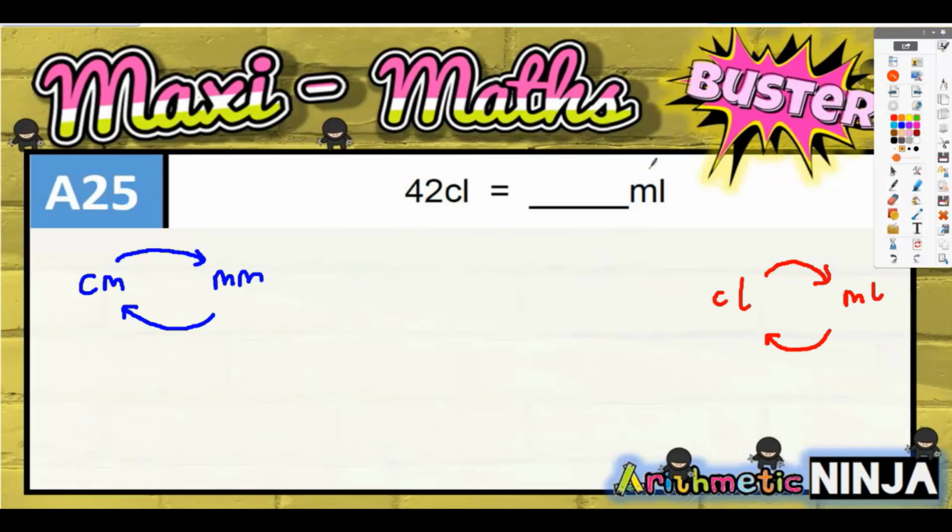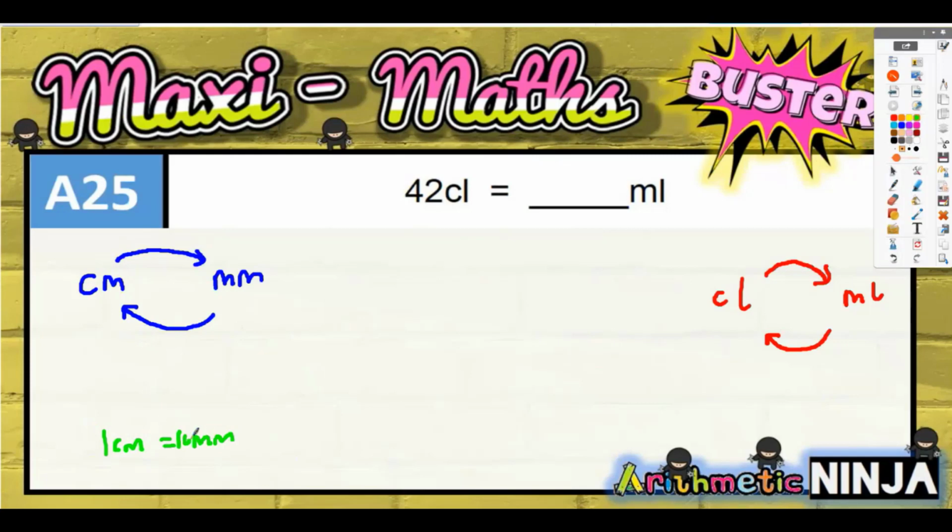That's not a problem. What we need to remember is you should know the relationship between centimeters and millimeters. And if you know that relationship, it's the same relationship between centiliters and milliliters. So let's talk about centimeters and millimeters first. In 1 centimeter, there are 10 millimeters.